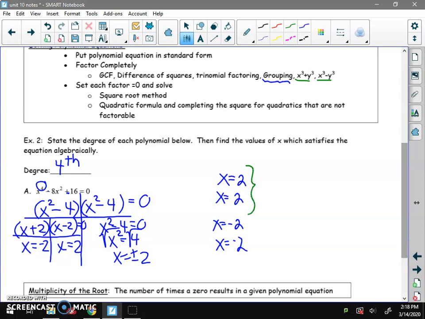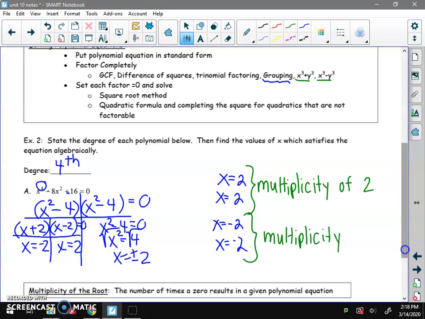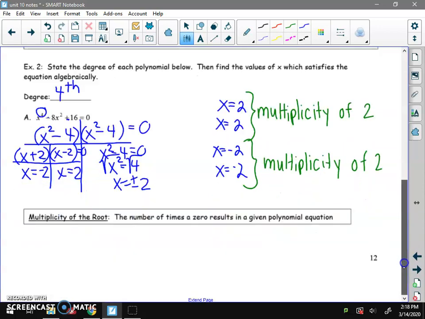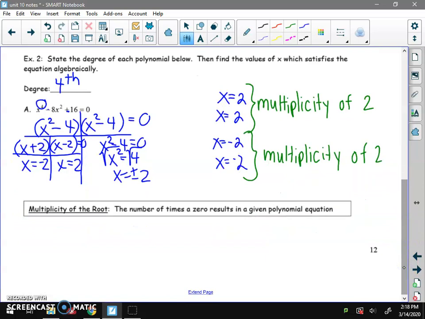Because x equals 2 shows up twice, we're going to say that that answer has a multiplicity of 2 because it showed up twice. The same way with the negative 2's. That one's also going to have a multiplicity of 2 since it showed up twice. The multiplicity of the root is the number of times a 0 results in a given polynomial equation.